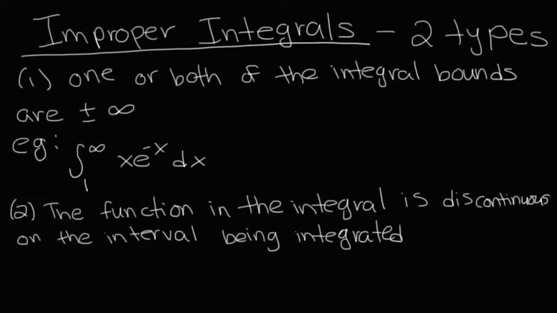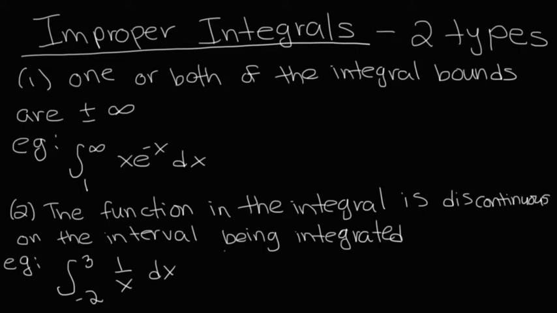The second type of improper integrals is that the function in the integral is discontinuous on the interval being integrated. That's sometimes a little bit more difficult to understand, but the example that I have there is the integral from minus 2 to 3 of 1 over x dx.